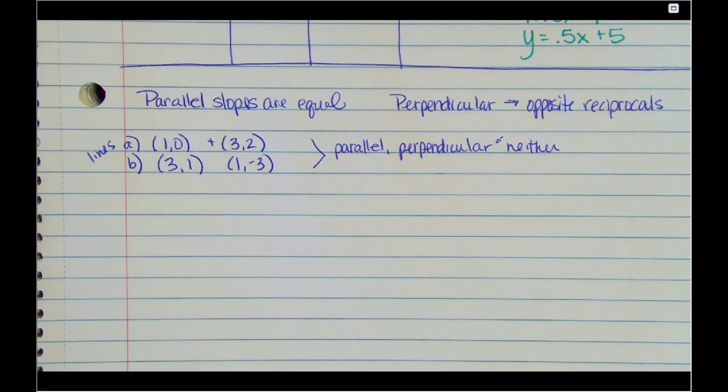Okay, so what I would like you to do is find the slope of each of those pairs. Please do that. You guys know how to find slope, you're good at it.